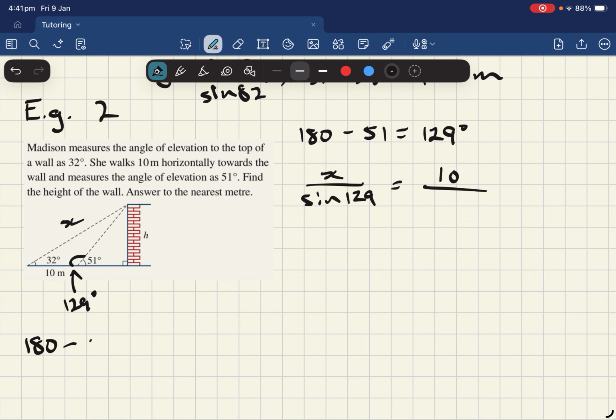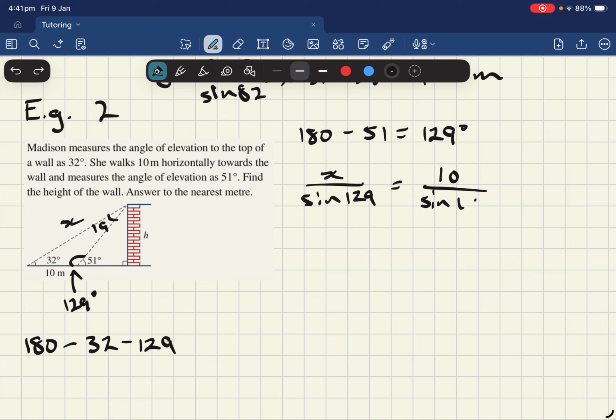So we want to subtract 32 and 129 from that. By doing that, it's going to give us that third angle, the angle that's opposite my side 10. Remember, we can't use sine rule until we have the angle opposite the given side. So this is going to be 19 degrees. So we have 10 over sine of 19.